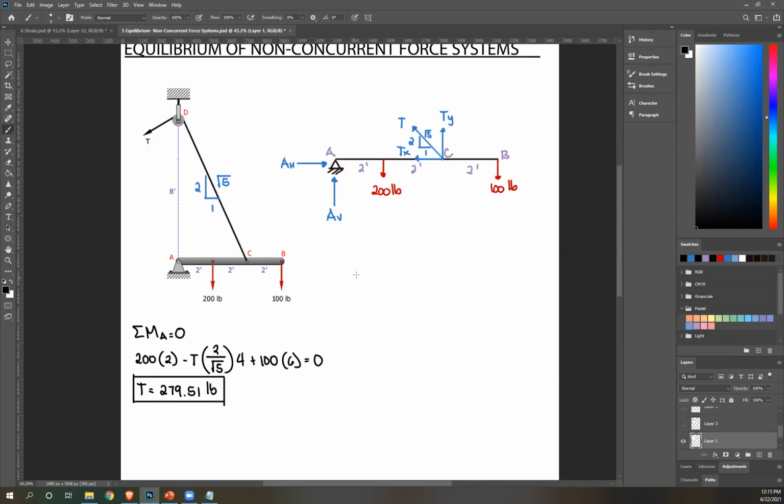So let's start with summation of forces vertical equals, wait, let me move things around.